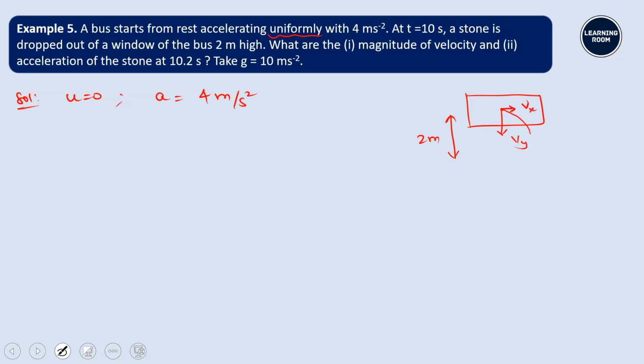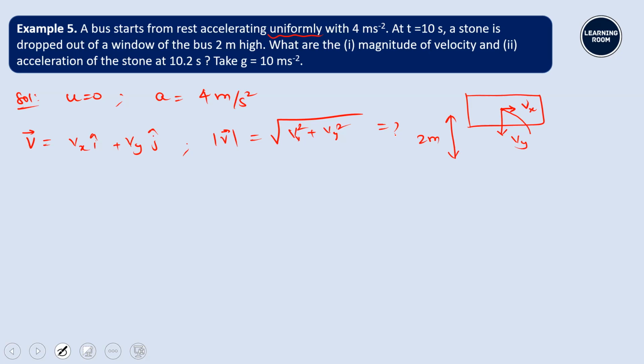They're asking what would be the magnitude of velocity, meaning you need to find the root of Vx square plus Vy square, because the V vector in this case is going to be Vx i cap plus Vy j cap. So the magnitude of velocity will be root of Vx square plus Vy square, and they're asking for the value of this. Is that point clear?